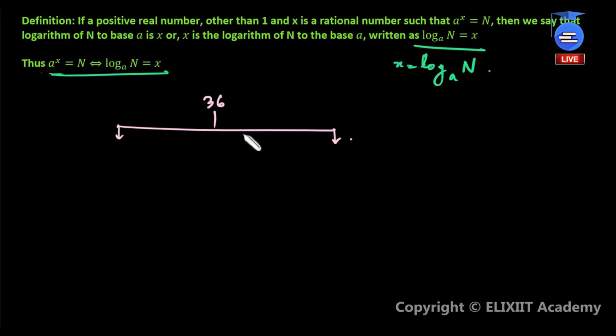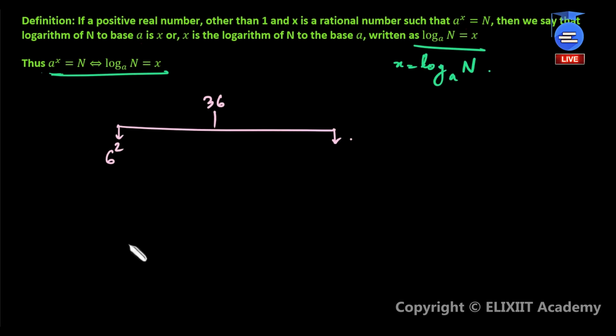Right over here, this particular 36 can be written either in the exponential format or in the logarithmic format. Any number can be written either in terms of exponents, or in terms of logarithm, which means either you write this as 6 square.